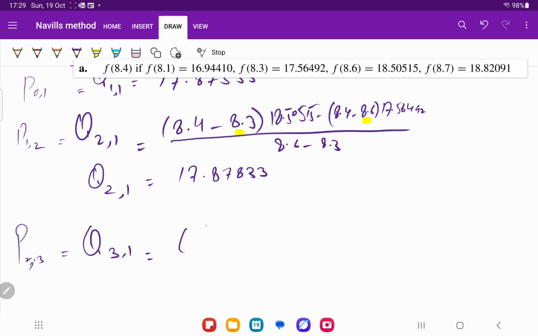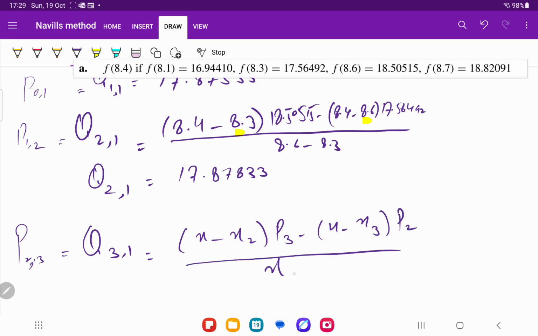Now for Q31, the third one: (x minus x2) multiplied by P3, minus (x minus x3) multiplied by P2, divided by x3 minus x2.